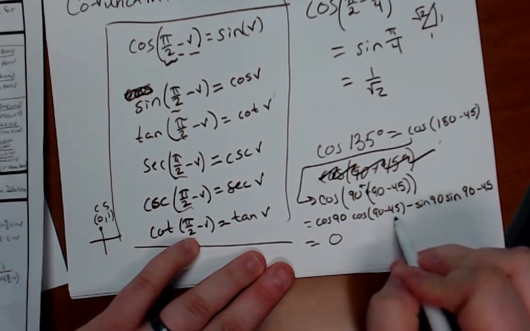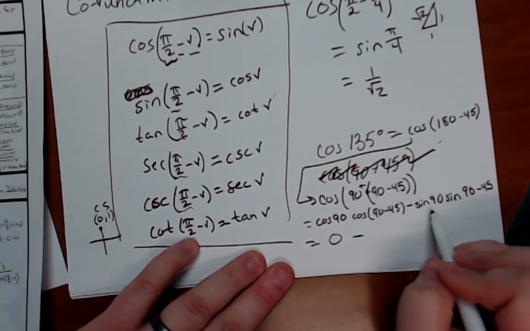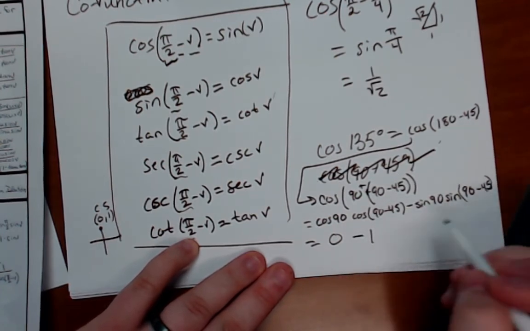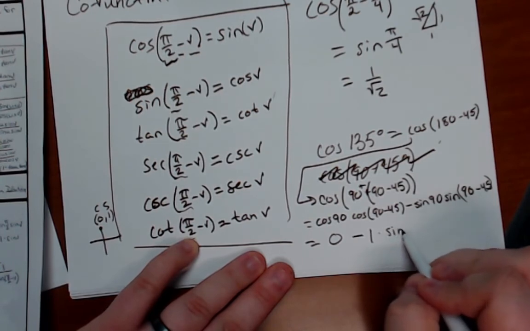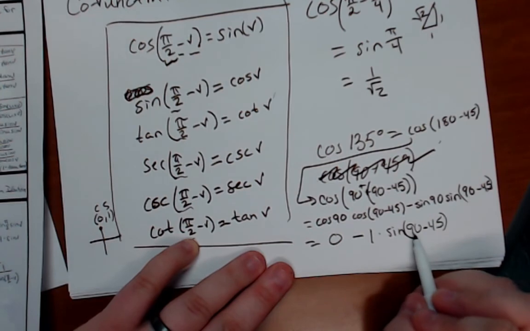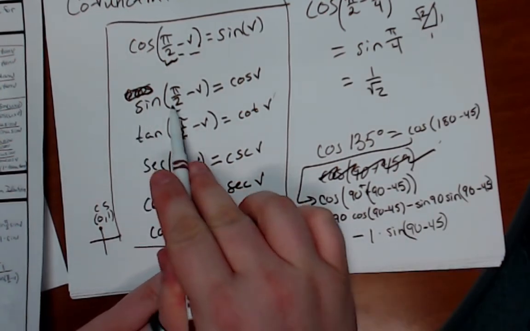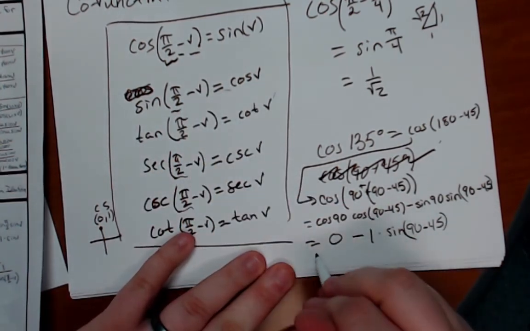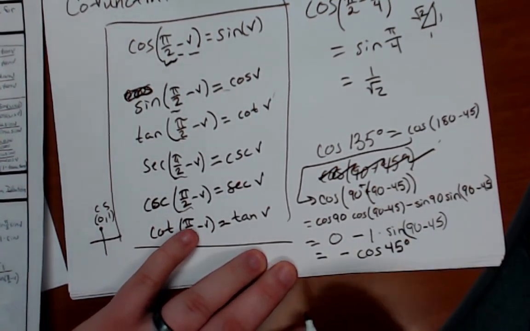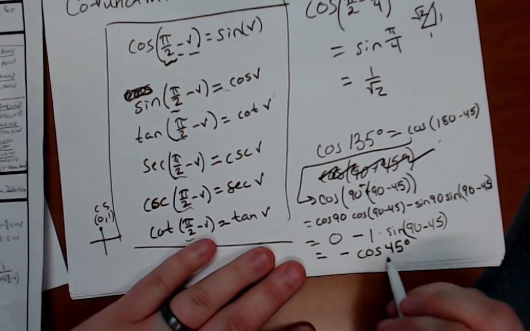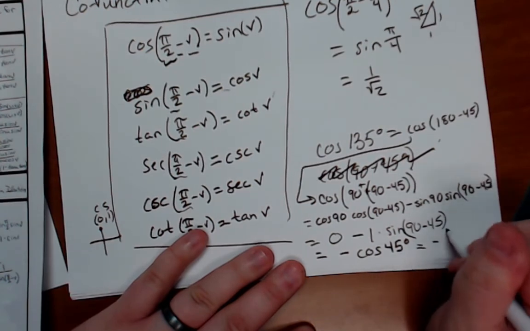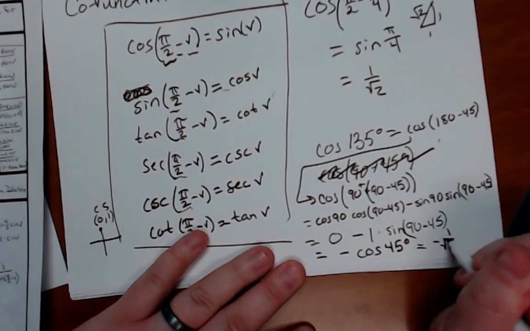0 times anything is 0. Minus sine of 90, which is 1, times sine of 90 minus 45. Well, sine of 90 minus 45 is just cosine. So that's negative cosine of 45. Cosine is adjacent over hypotenuse, so negative 1 over root 2.